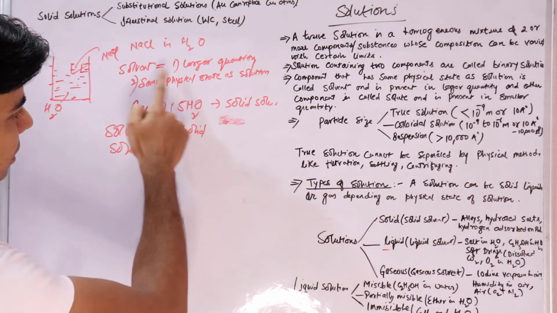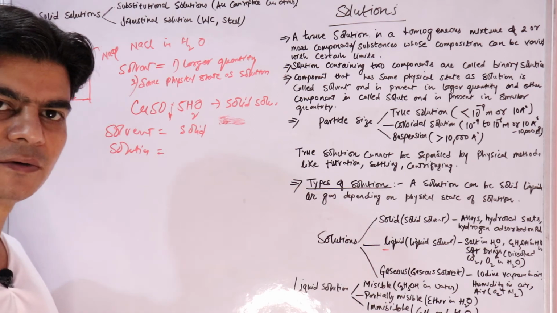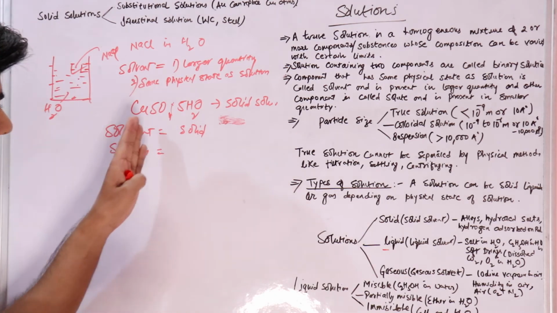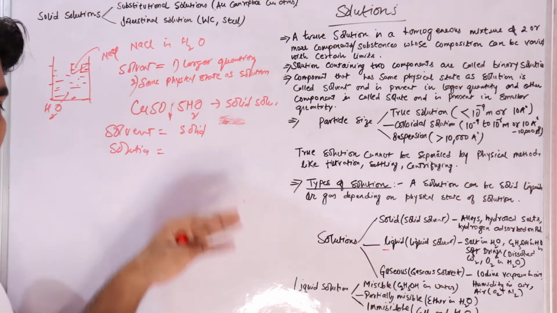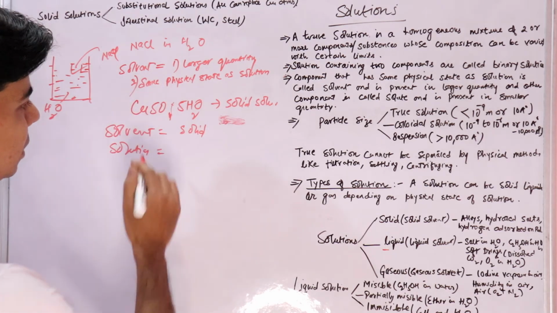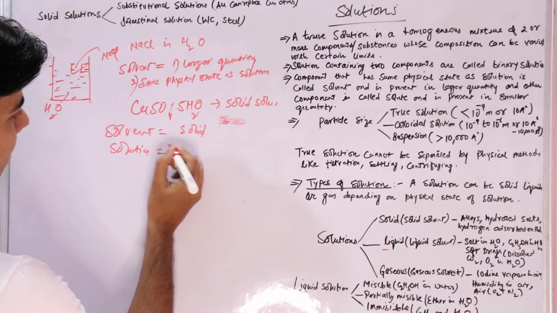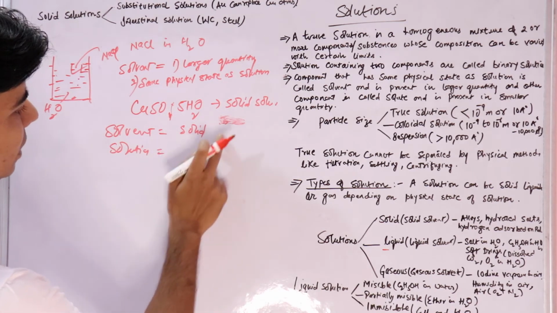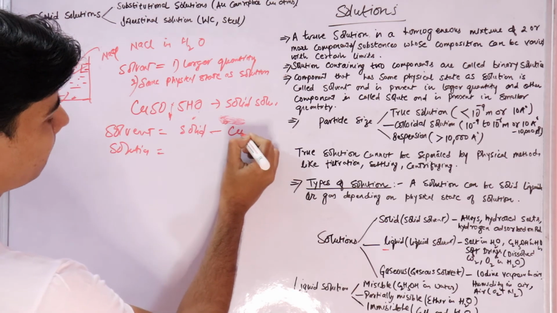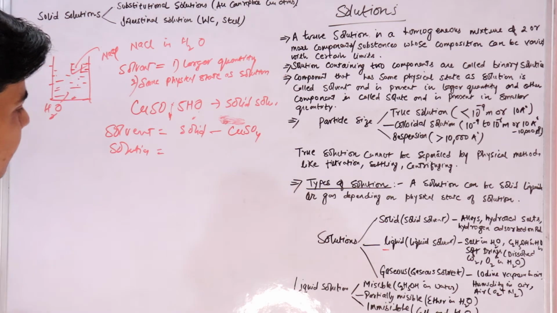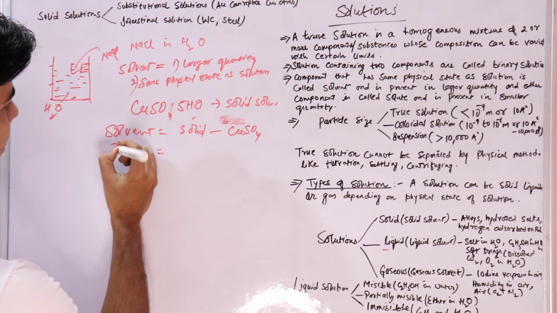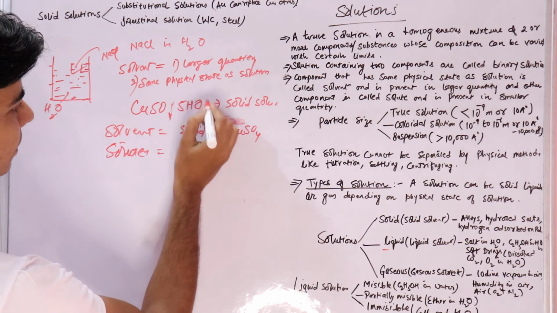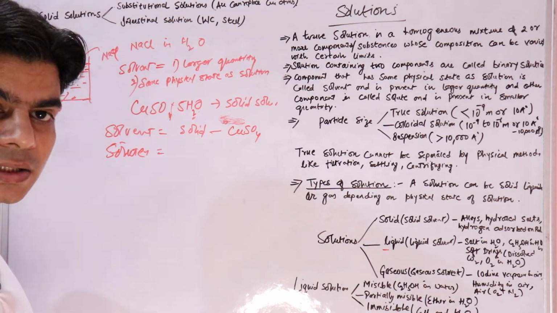We know that copper sulfate pentahydrate is solid, right? So we take this as an example of a solid solution. The solvent would be a solid, which is copper sulfate. And what would be the solute? The solute would be the one which is in lesser quantity.